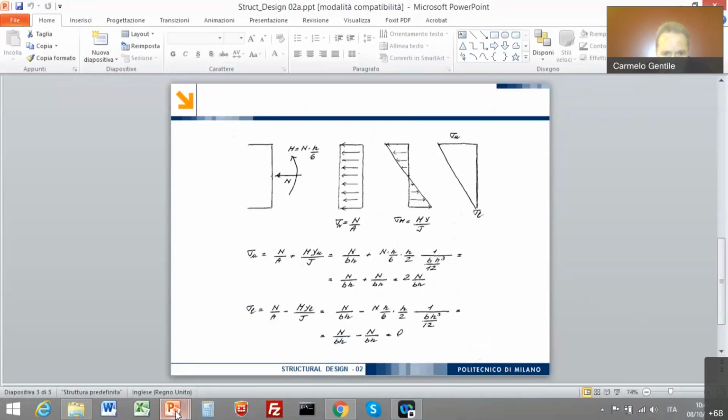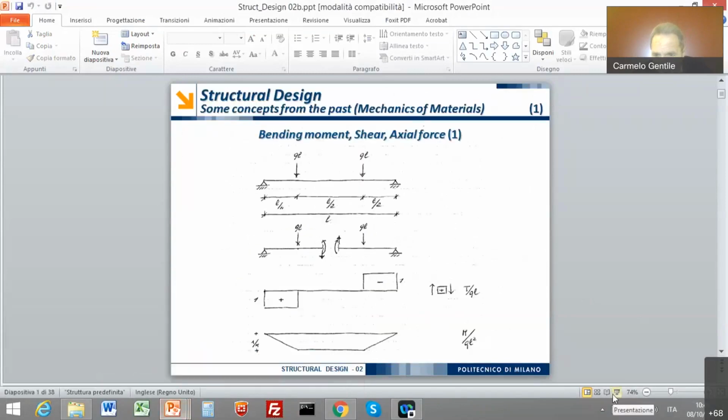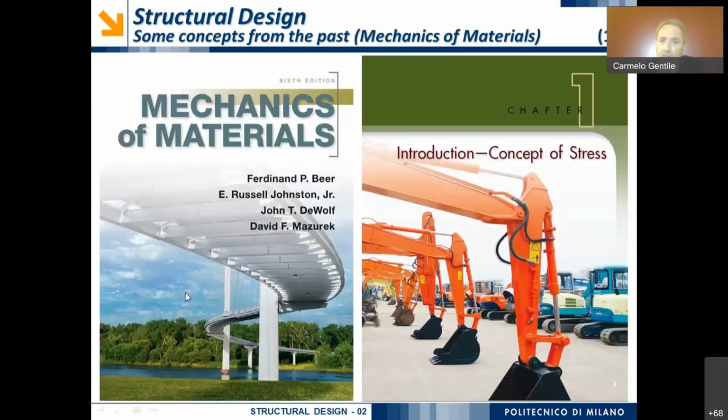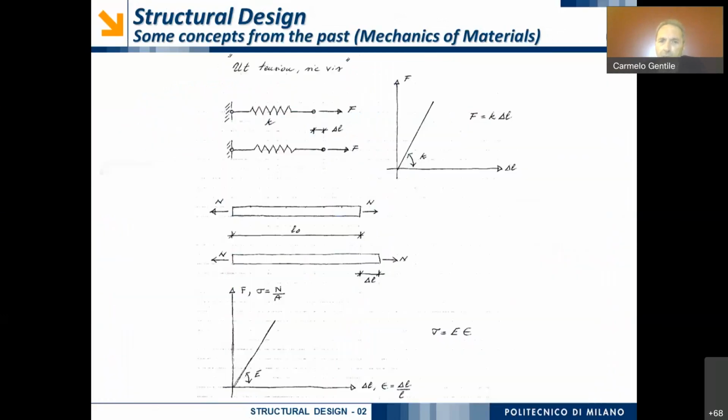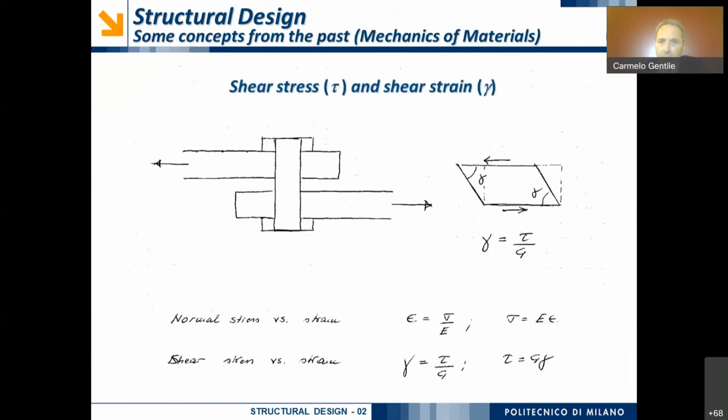So now, after this first check, let's move again to the behavior of the cross section in steel. We have already discussed the aspect that we are seeing.